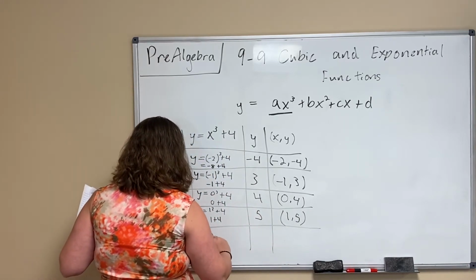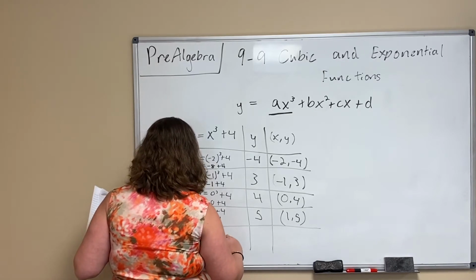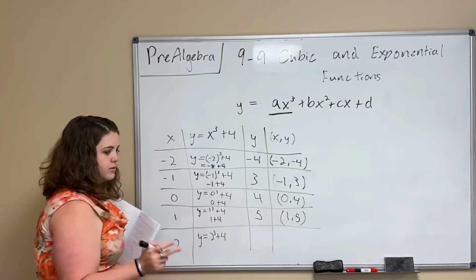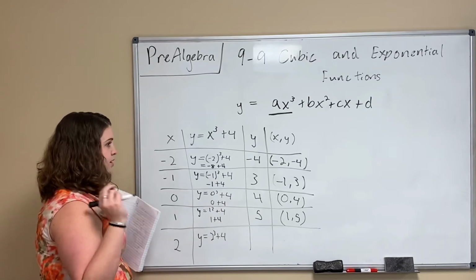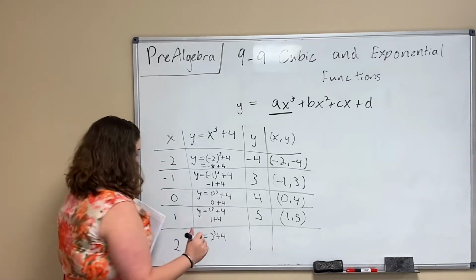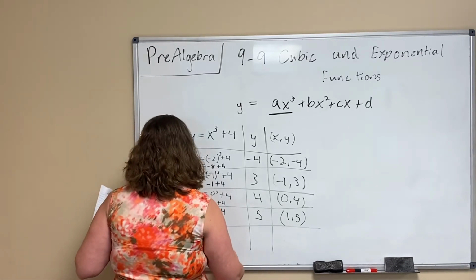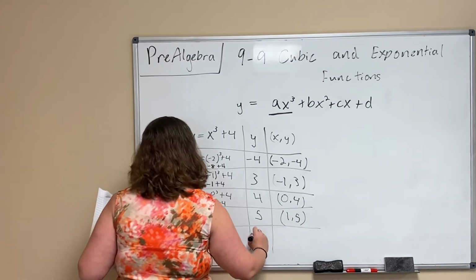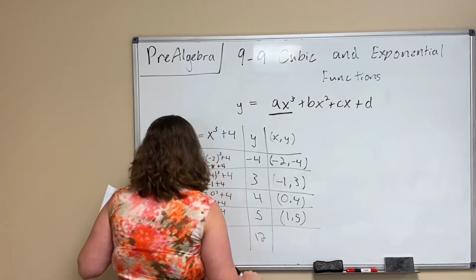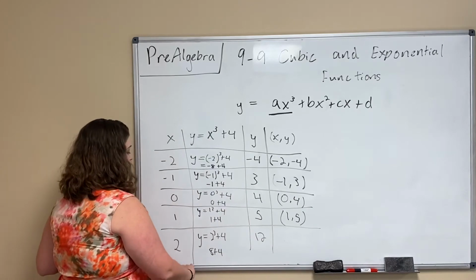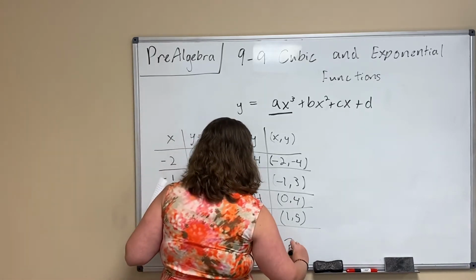Y equals 2 cubed plus 4. Now 2 times 2 times 2. 2 times 2 is 4, and 4 times 2 is 8. So we're going to get 8 plus 4, and 8 plus 4 is 12. So when x is 2, y is 12.